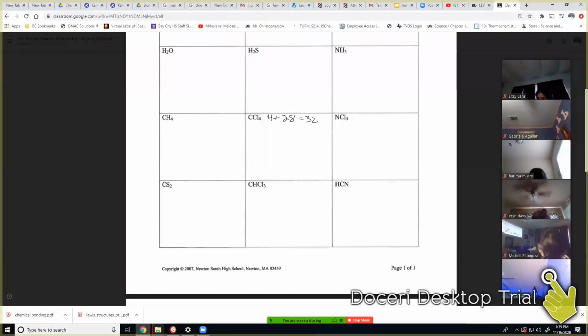Now, as far as which one goes in the center, your least electronegative goes in the center. We know fluorine is the most electronegative of everything, so I look and ask which one is farthest away from fluorine. Carbon. And carbon, like you said, Rodney, earlier, because it has those 4 singles, is almost always in the middle.